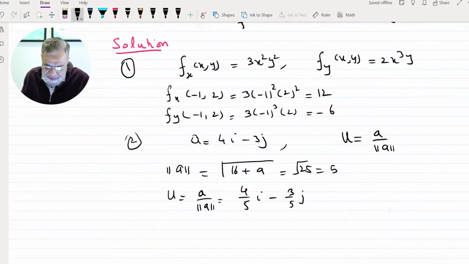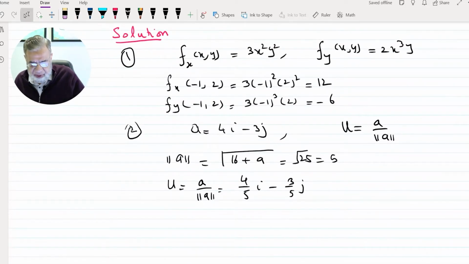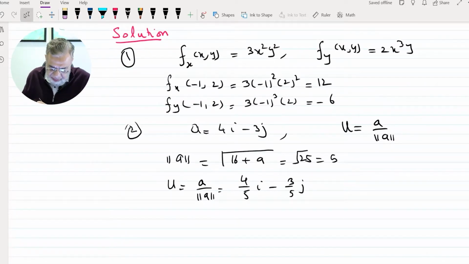So I have the values for the partial derivatives and also the unit vector. Now I apply my formula.